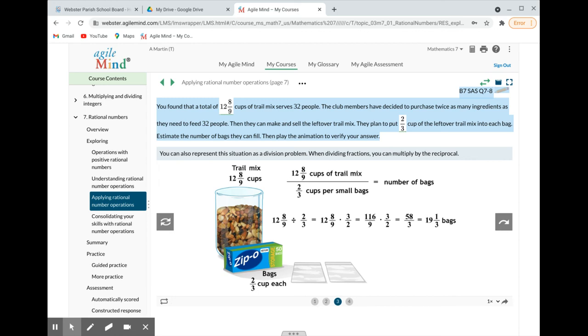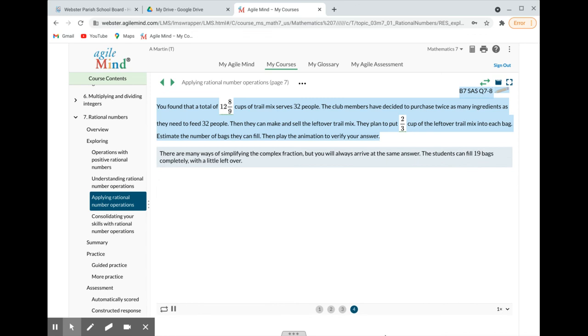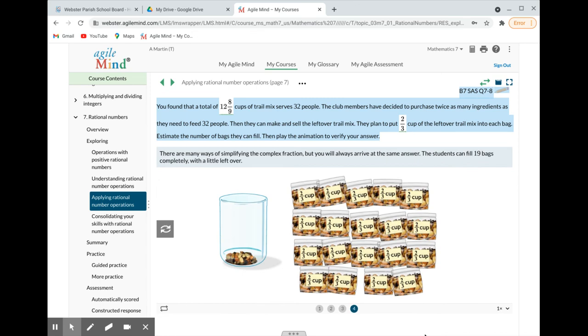And so if you see how many times 3 goes into 58, it goes in there 19 times, and there's a remainder of 1. So it'd be 19 and 1/3 bags. It says there are many ways of simplifying the complex fraction, but you will always arrive at the same answer. You could fill 19 bags completely with a little bit left over.